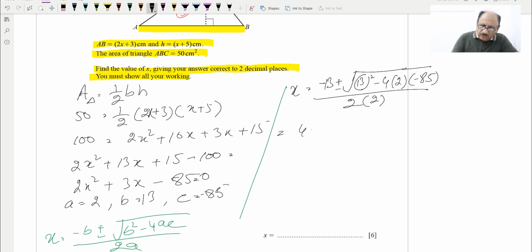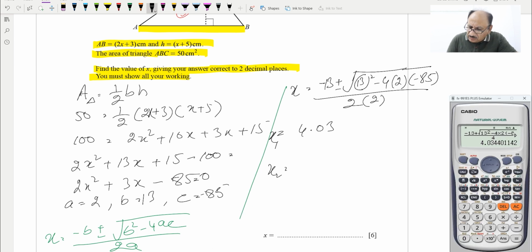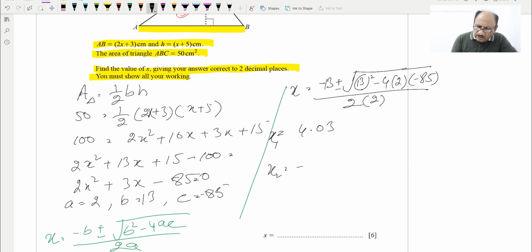And this will be giving us 4.03. First value will be 4.03, and you can write x1, x2 will be negative. We can change the minus over here, and we will take the value, which is 10.53. So minus 10.53, and we will reject this because this is negative.